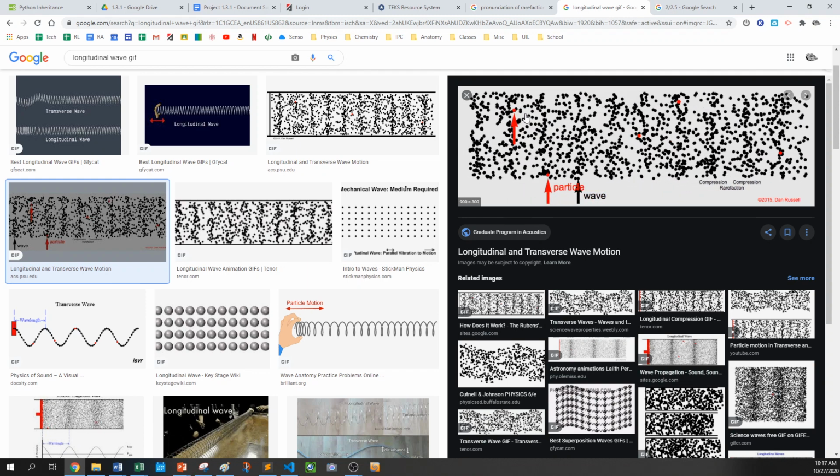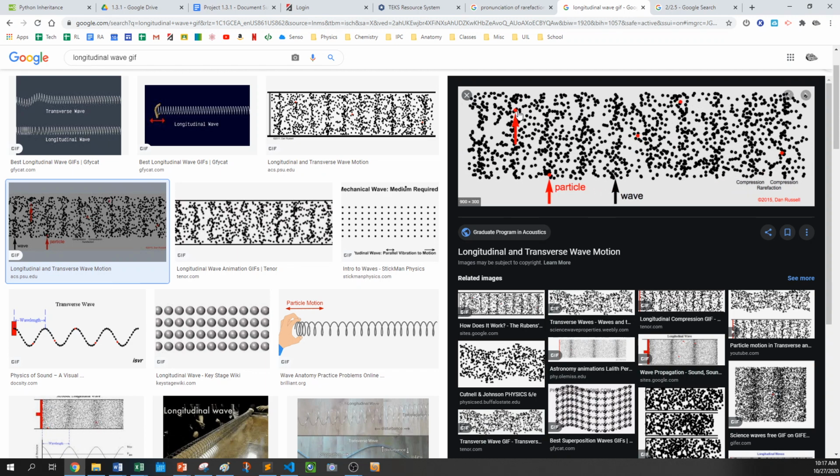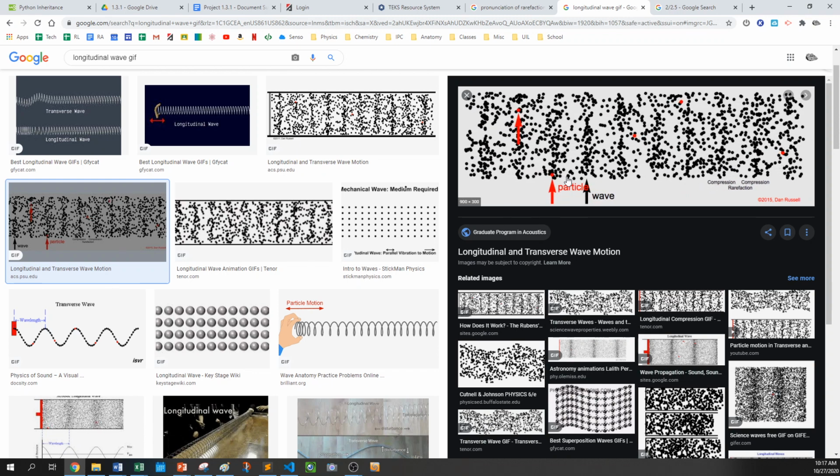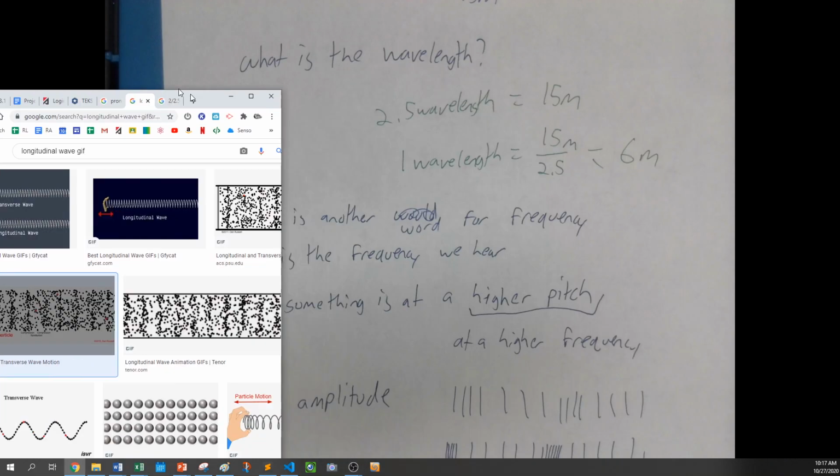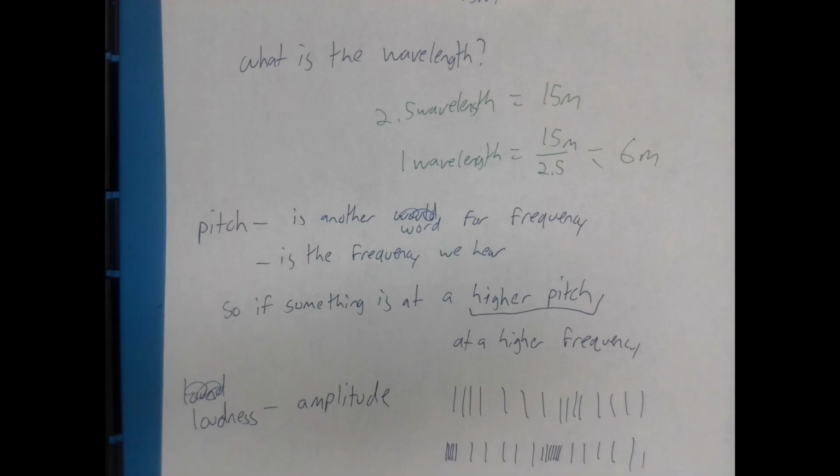They vibrate back and forth, but they keep vibrating back and forth. They don't actually move with the wave. So what's being carried is the kinetic energy. It's being transferred from one atom to another atom to another atom. The only thing being carried along the wave is energy.